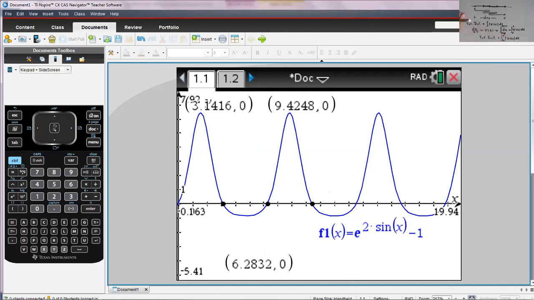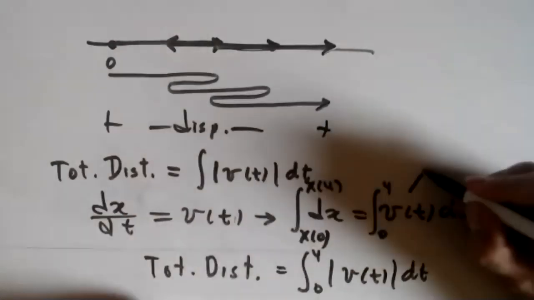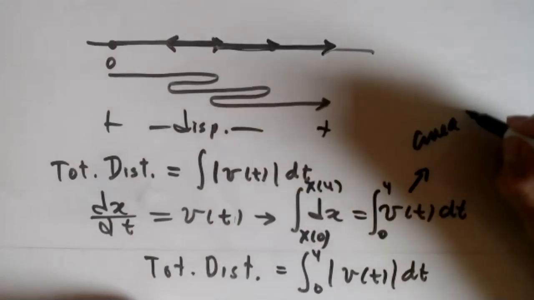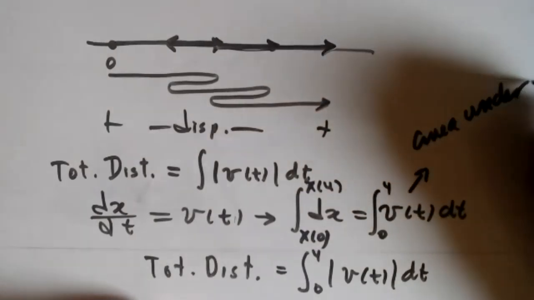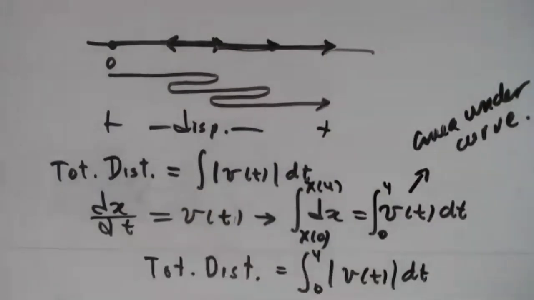In our screen, you see the distance is the area. Geometrically, this is the area under the curve, correct? So this is the distance.